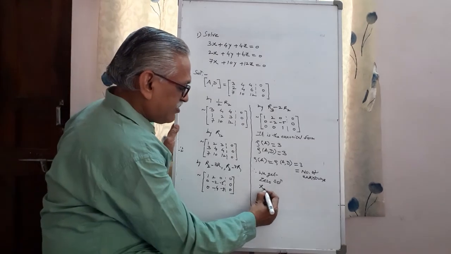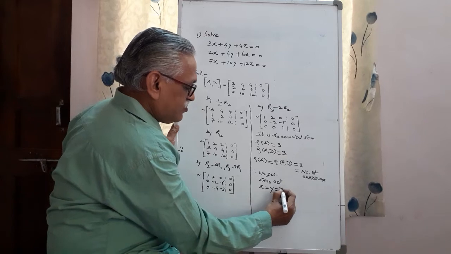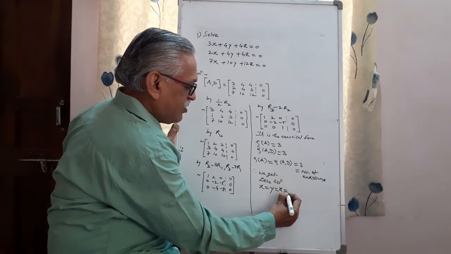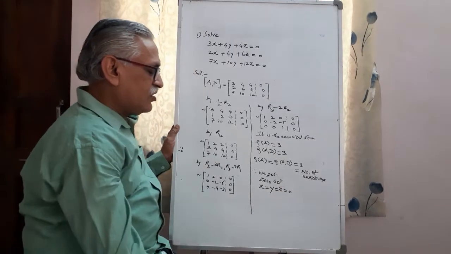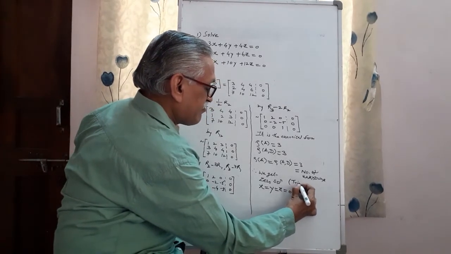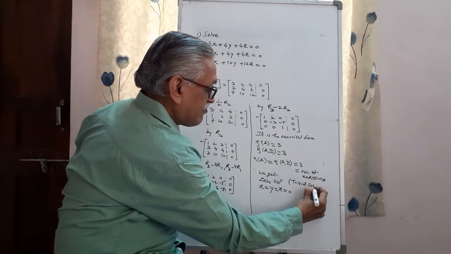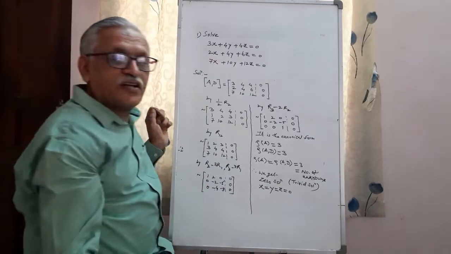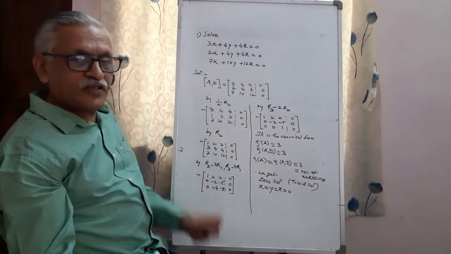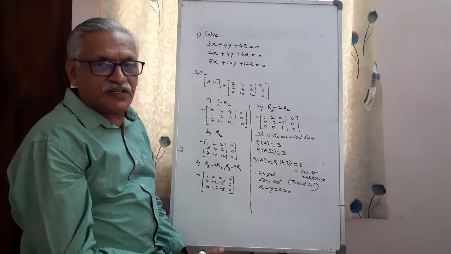Means x is equal to y is equal to z, and all values are 0. This solution is also called a trivial solution. Okay. Therefore, this is the first type of example.